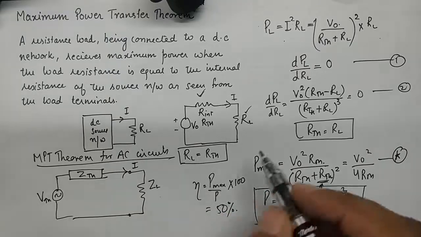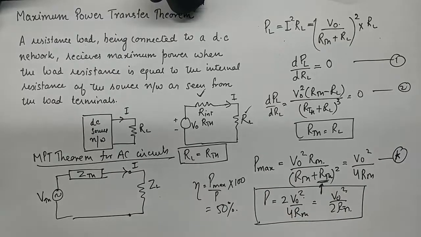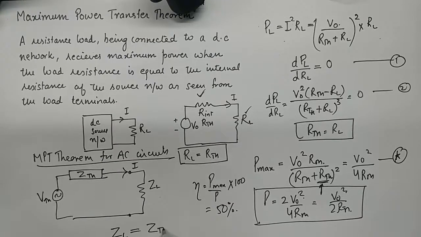Again, it is pretty simple. In case of DC, it used to be RL is equal to RTH. In case of AC circuits, this load impedance should be equivalent to the conjugate of the Thevenin's equivalent internal impedance of the network.